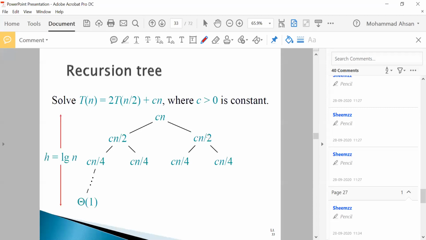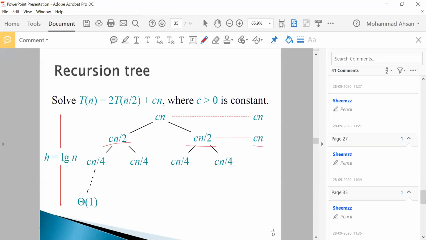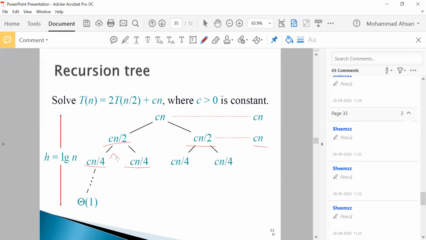So the height is log n. At every level, the amount of work you are doing to merge two arrays of size n by 2 and n by 2, you have n comparisons. To merge two arrays of size n by 4 and n by 4, you have n by 2 comparisons and n by 2 comparisons.